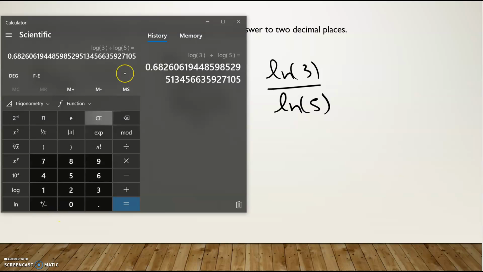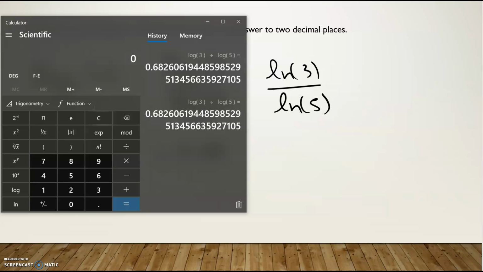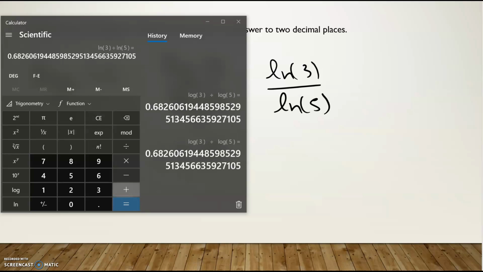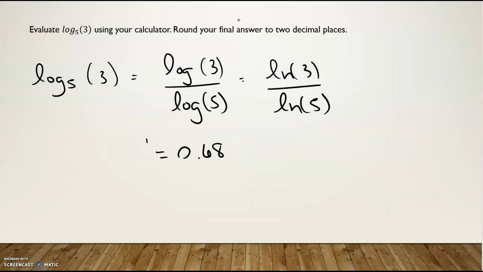So we've got 3 log divided by 5 log, and that gives us 0.682, so 0.68. If we go back and use natural logs, 3 natural log divided by 5 natural log, that gives me the same thing, 0.682, so that would be 0.68 as our final answer.